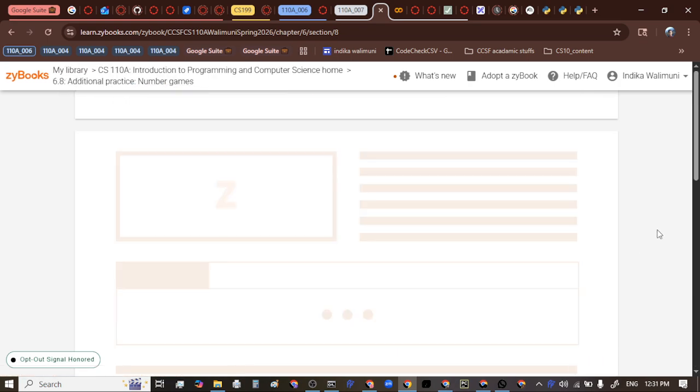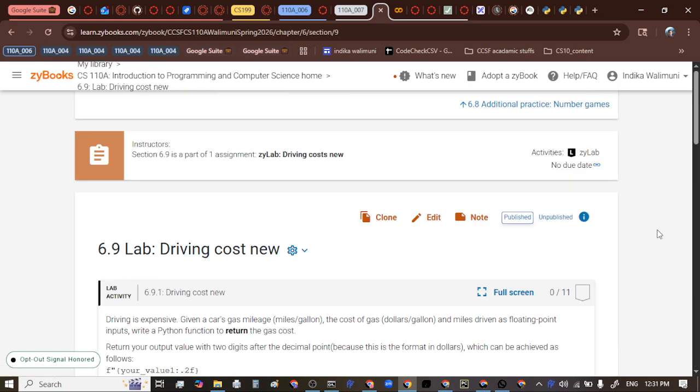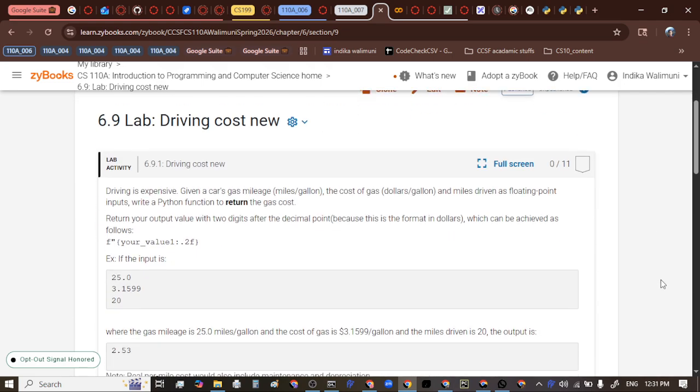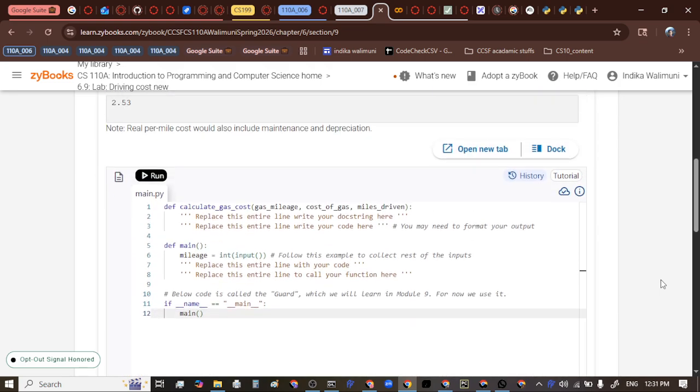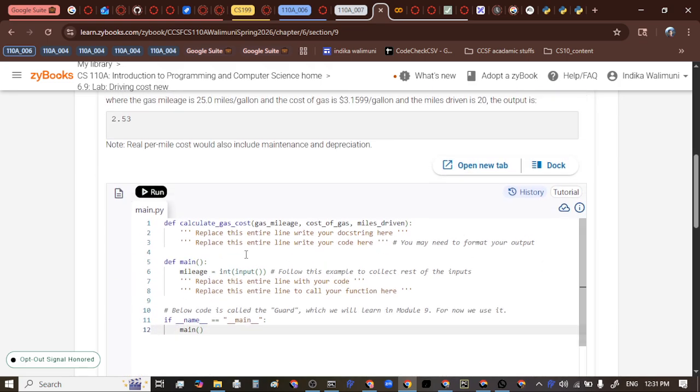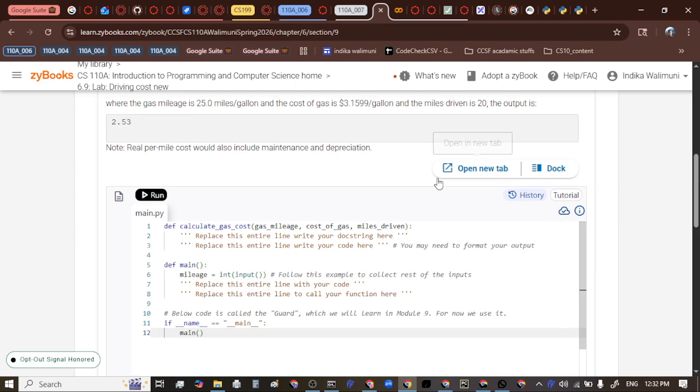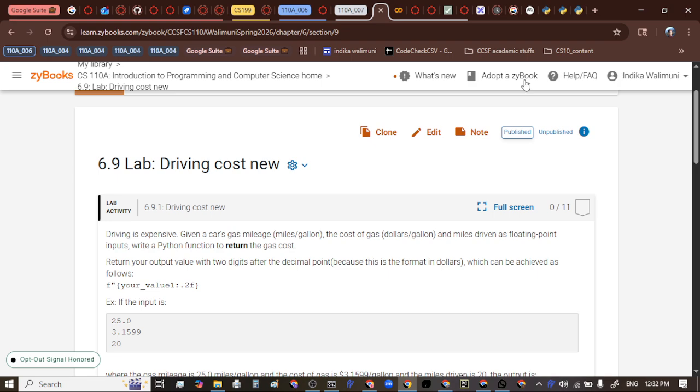All right. So I'm going to go over the lab real quick. Okay. So I modified all of these zyBook labs into our template. So this is the template. I think it's basically a driving cost calculator, right?